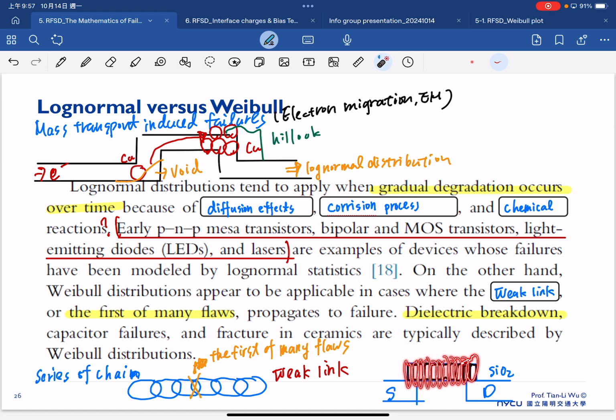And of course, once we apply the gate voltage, we plot the gate voltage here. And as you know, once we apply gate voltage, for sure electrons will be formed inside the channel.